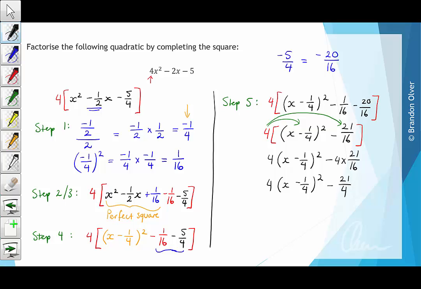So with that in mind, we can state that the turning point for this parabola occurs at x, y is equal to positive 1 on 4, negative 21 on 4.